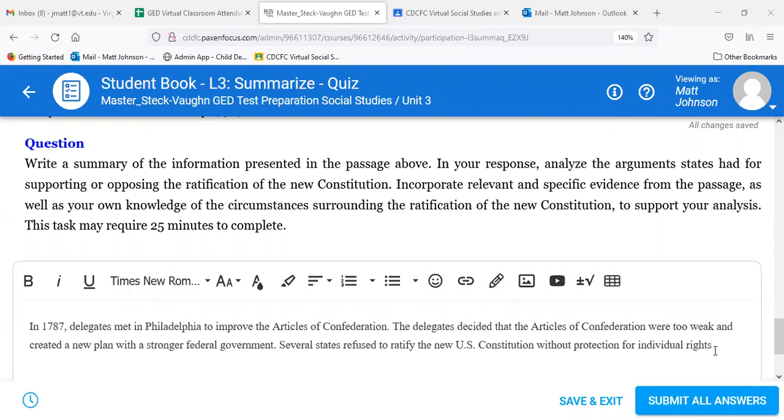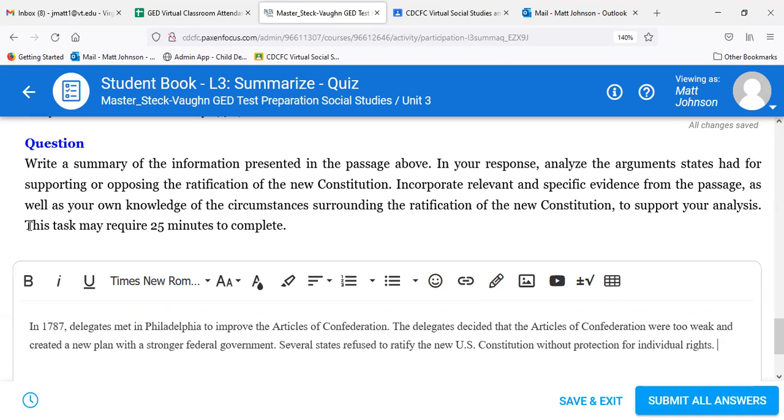Everybody following along there? I'm trying to catch up. Okay. Take your time. I'm going to give you guys a minute right here. Capri, I see you. We're working on a summary on the passage on number 2. We're in Unit 3, Lesson 3, summarizing, and we're in the quiz.